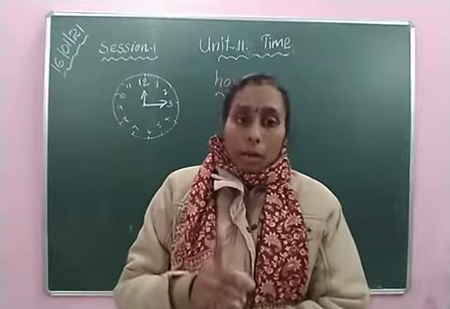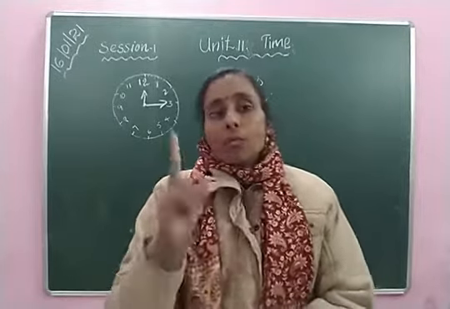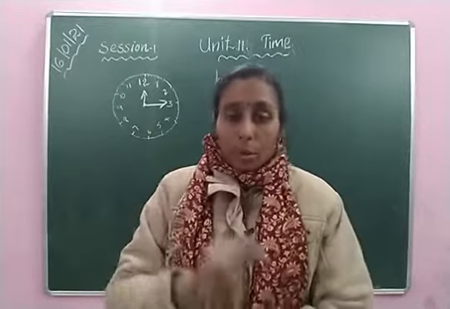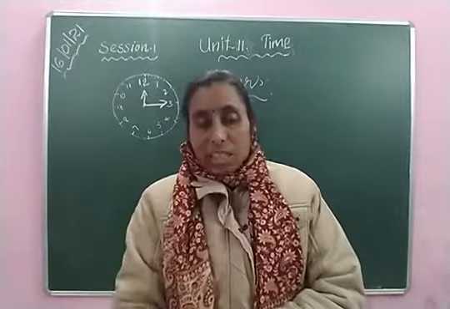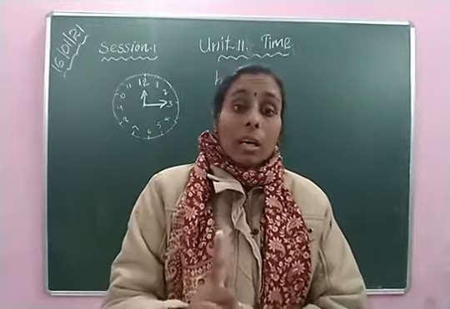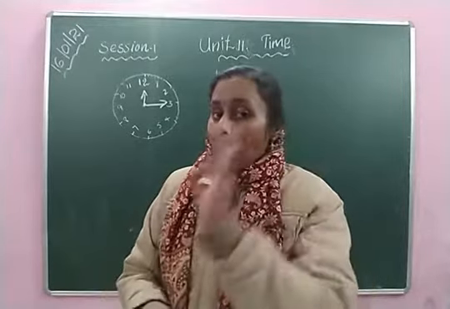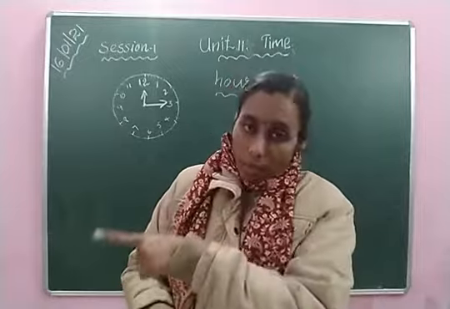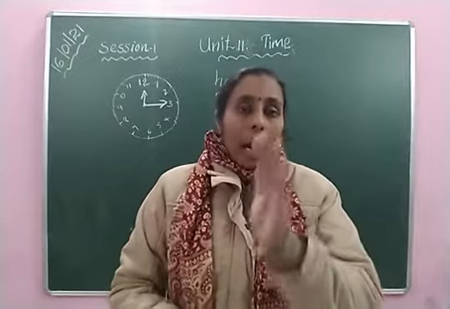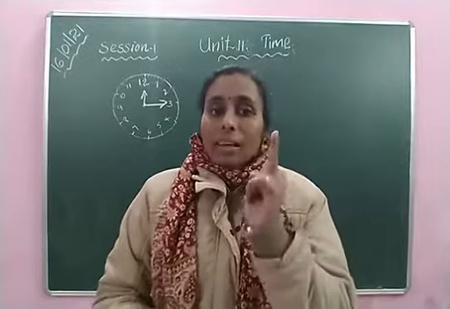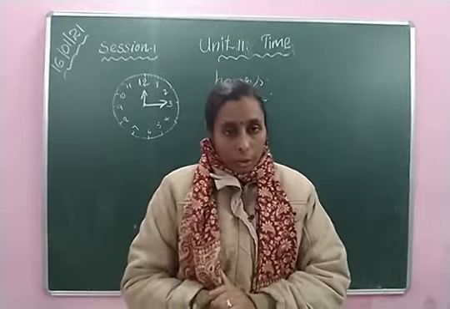The long hand takes 5 minutes to move from one number to another, and 1 hour to complete one rotation. The short hand takes 12 hours to complete one rotation, and the long hand takes 1 hour to complete one rotation.